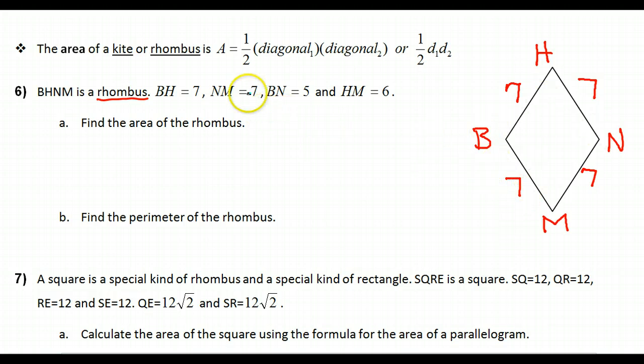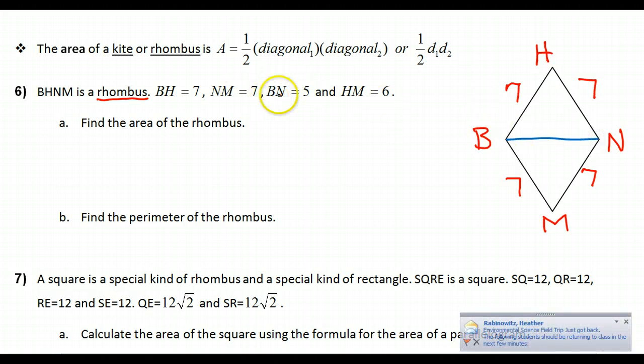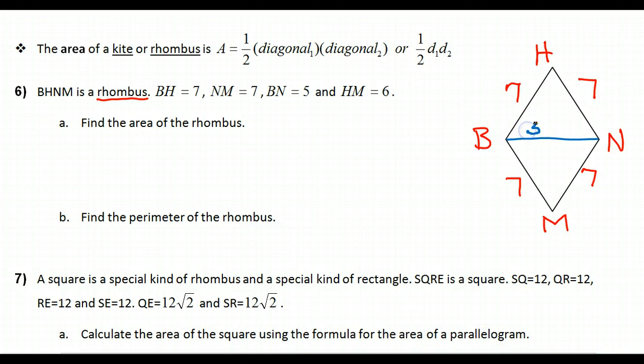But what else you got? BN is 5. What's that? BN, that is a diagonal, correct? So BN is one of my diagonals, and that is 5. And then what else we have? HM is 6.